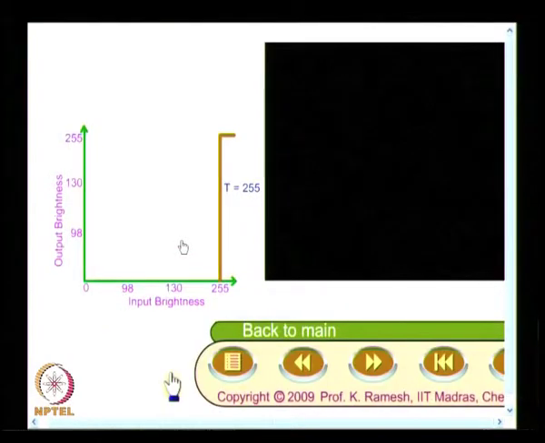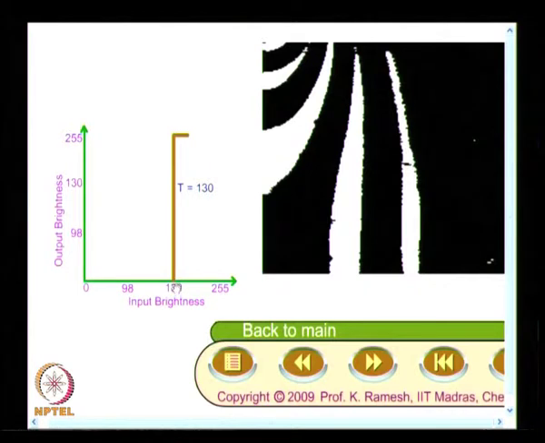Because photoelastic images have high contrast, you are in a position to apply a very simple image processing approach called thresholding to identify fringe areas. I will apply thresholding with different thresholds. I put the threshold now as 130.